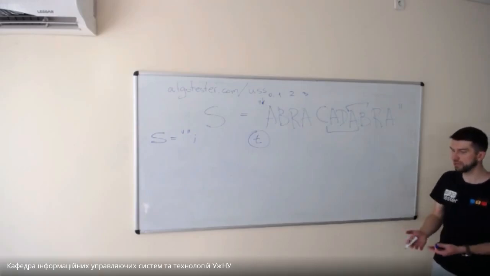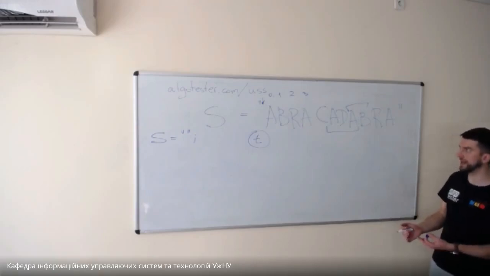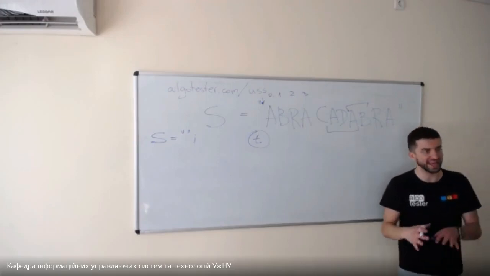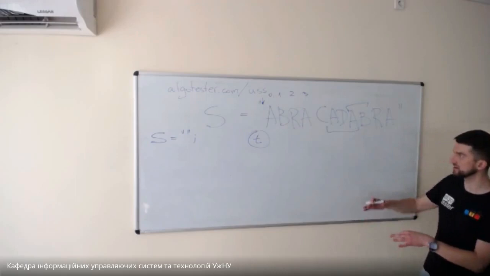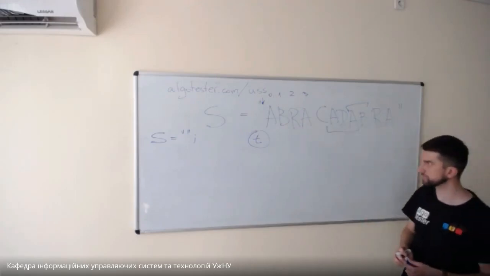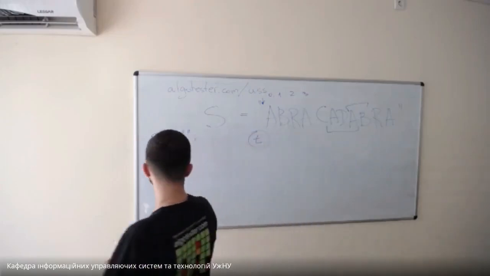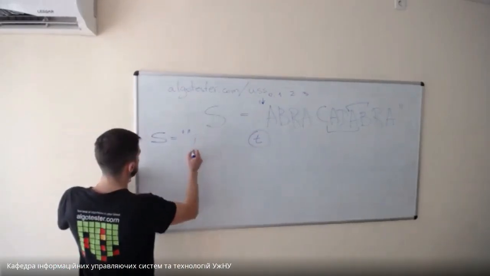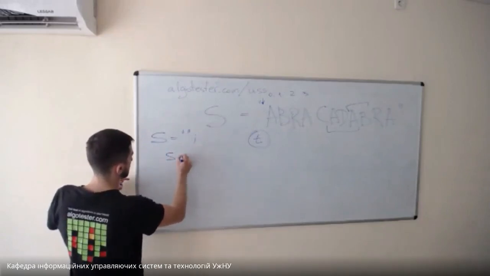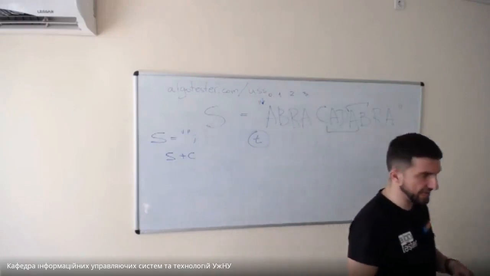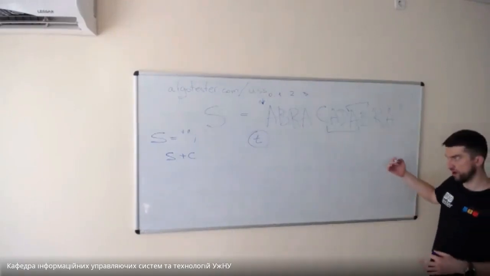So now we will describe the process of how to add a letter from the right to the current string. We will denote that letter with C. So we will be appending character C from the right.